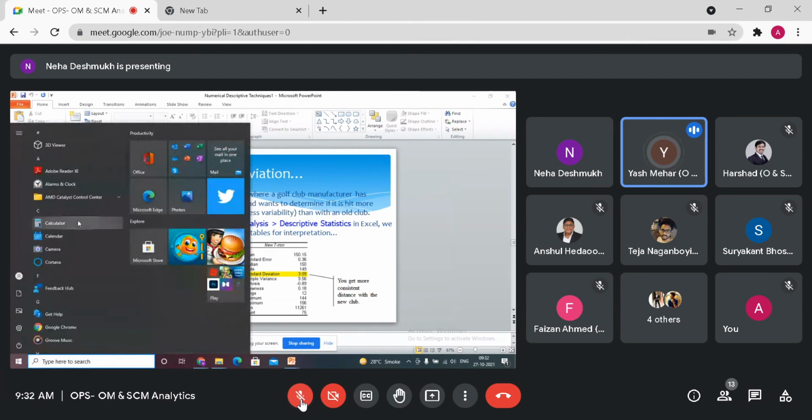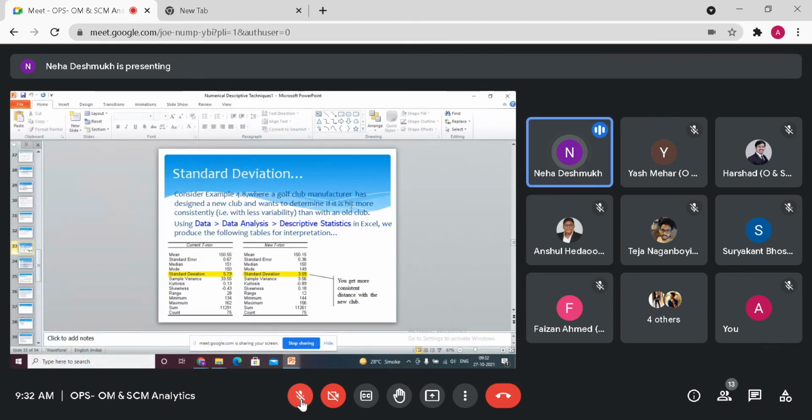How to interpret this value? Interpretation for standard deviation: standard deviation 3.09 means your data varies around the mean by 3.09. See, here two observations are there, current 7 iron and new 7 iron.